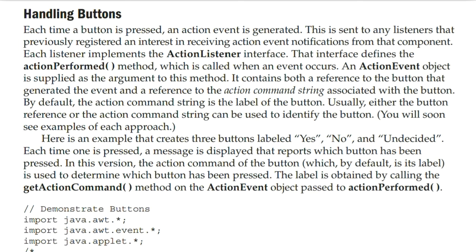Here is an example that creates three buttons labeled Yes, No, and Undecided. Each time one is pressed, a simple message is displayed that reports which button has been pressed. In this version, the action command of the button, which by default is its label, is used to determine which button has been pressed.